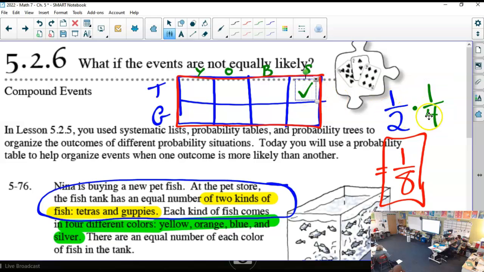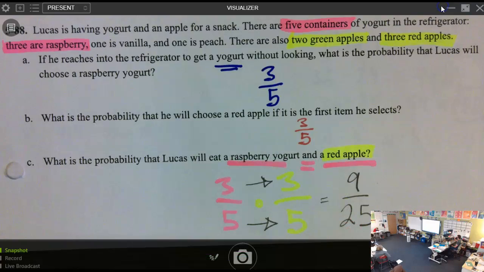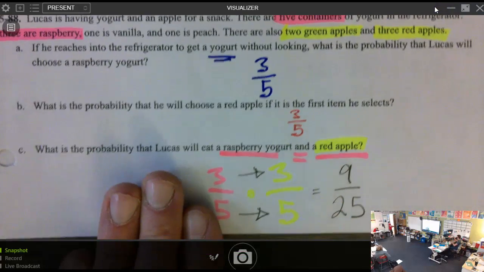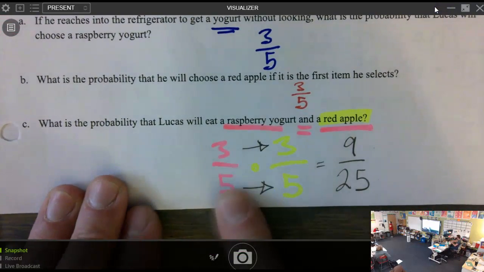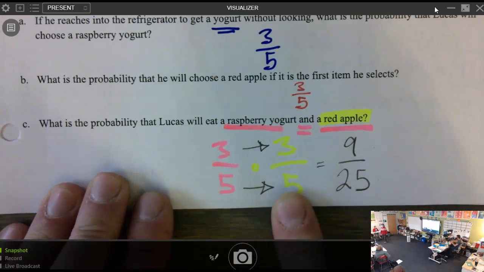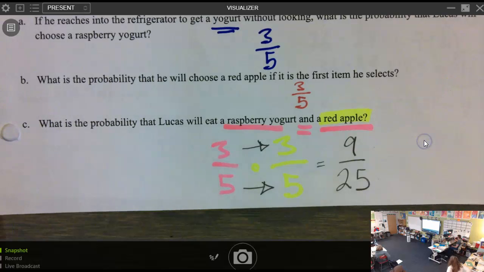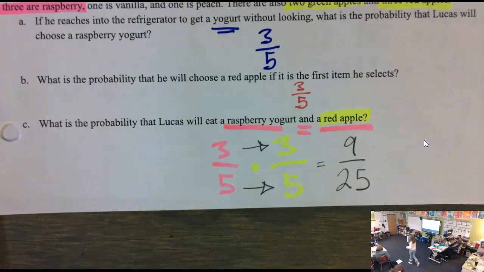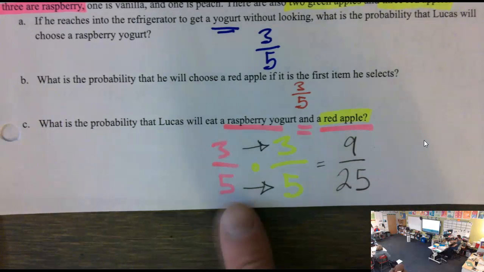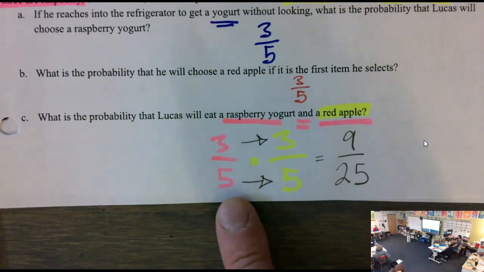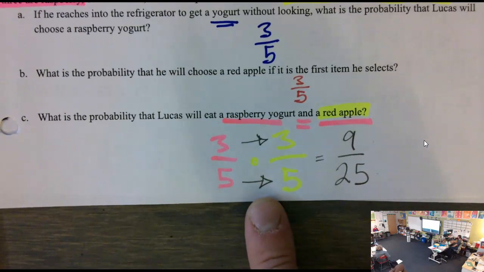And we multiply the fractions together. So here, in part C, what I should see set up on your paper is 3/5 times 3/5, cross the top, cross the bottom, 9/25. Mallory, did that help? So you take the probability of thing 1 and multiply by the probability of thing 2.